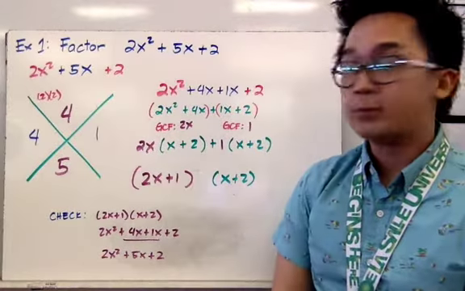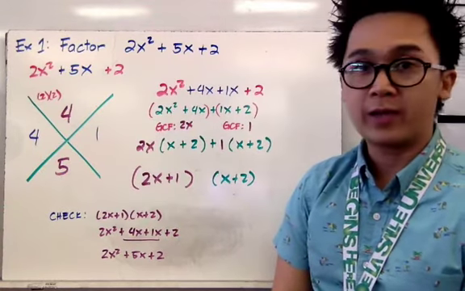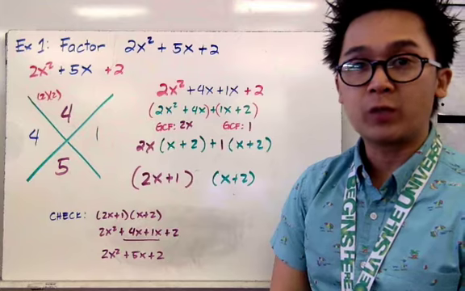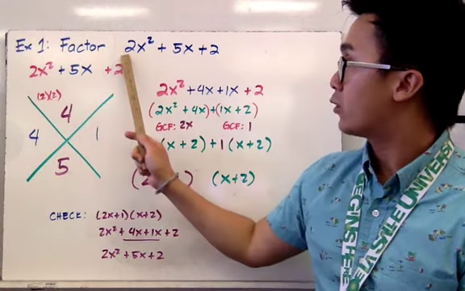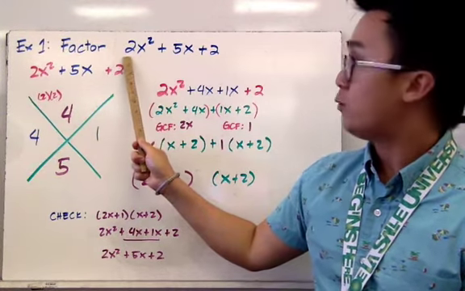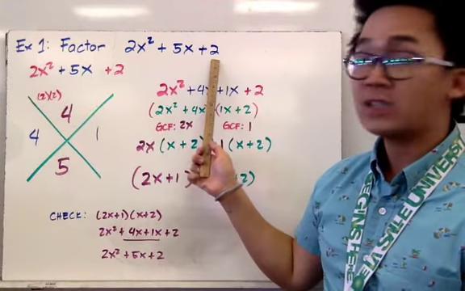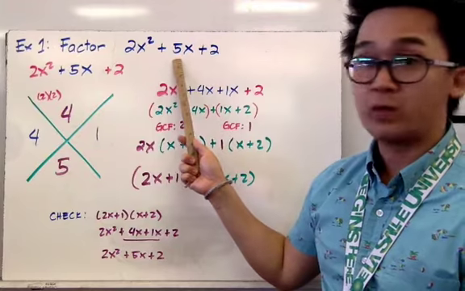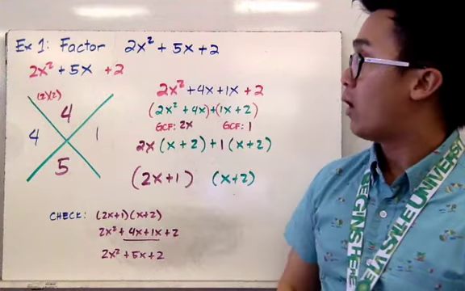In our first example, we have 2x squared plus 5x plus 2. The big X method is still going to be used, but we're going to modify it because now the coefficient is 2. If we look at the last term and think of factors of 2 that will give us 5 when we add them up, it will no longer work.